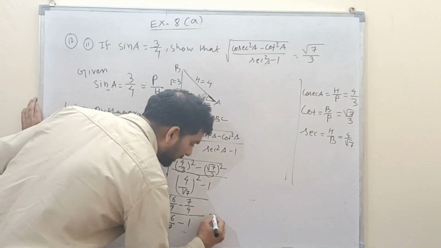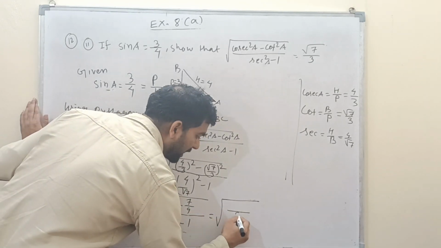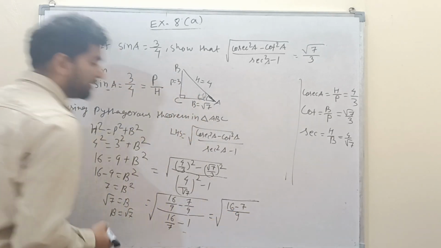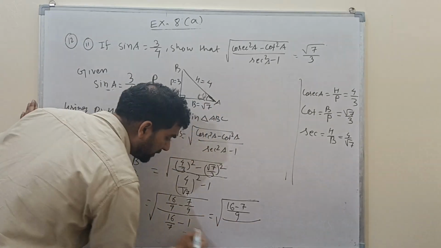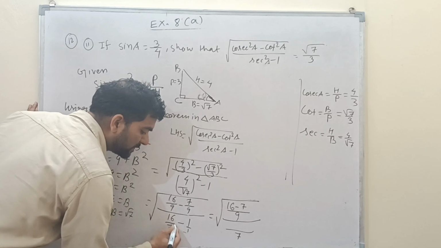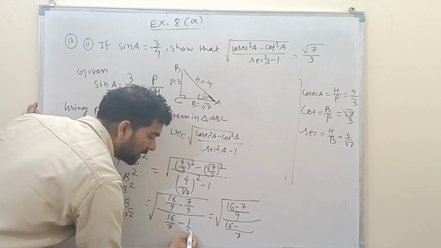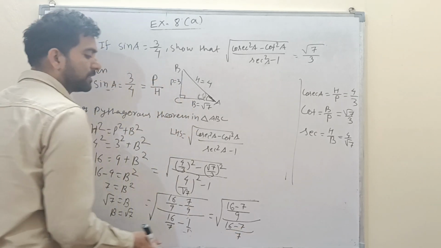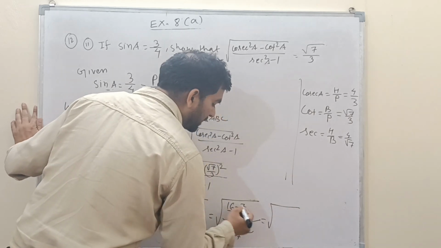Next step, root over 9 and 9, so LCM will be 9, and here 16 minus 7. Same thing at the denominator, LCM will be 7, so 16 minus 7 over 7.